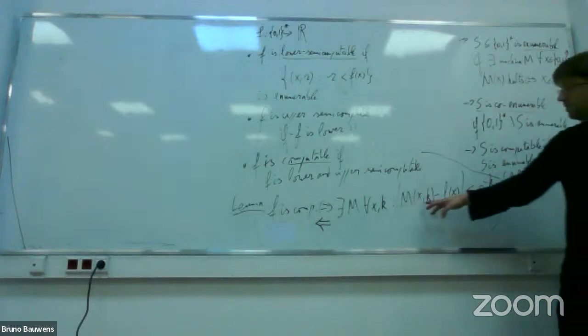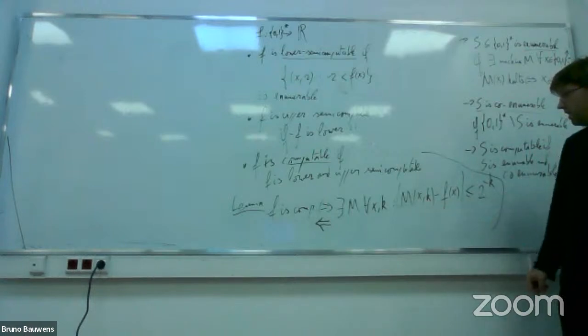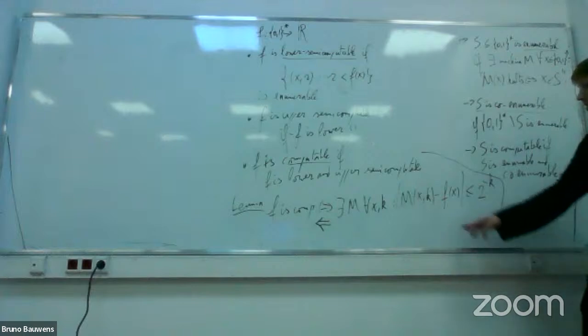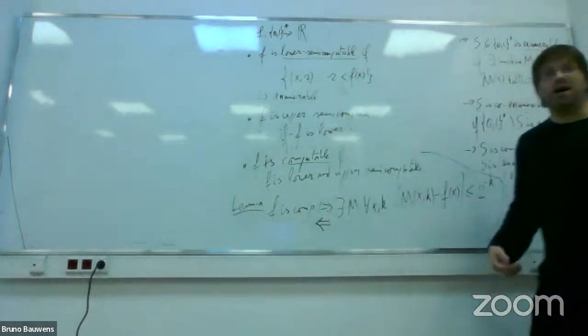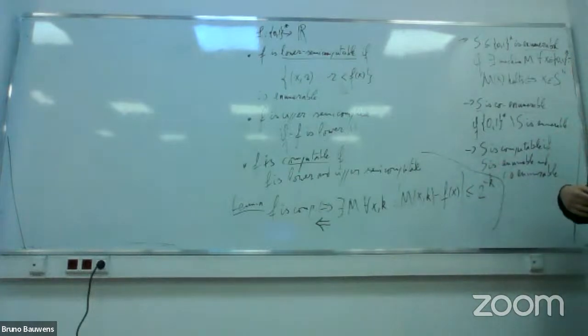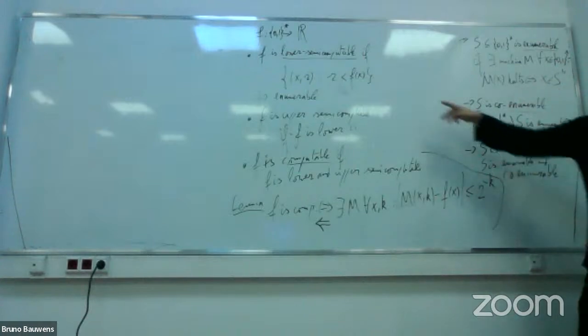We receive a pair x and r, and we need to halt if its value is lower than the value of the function, strictly lower. So that's what we need to make this set lower semi-computable.